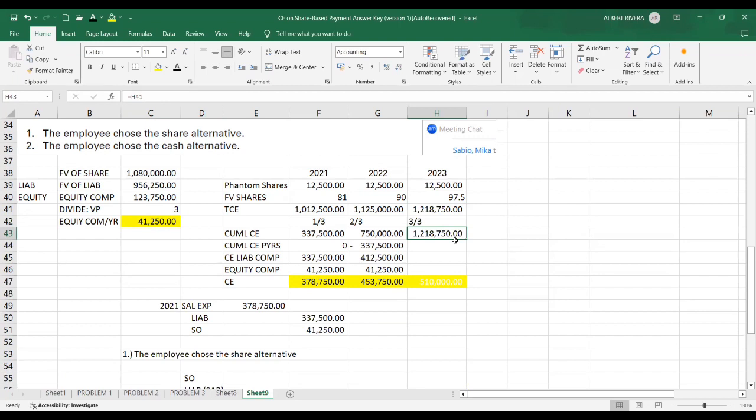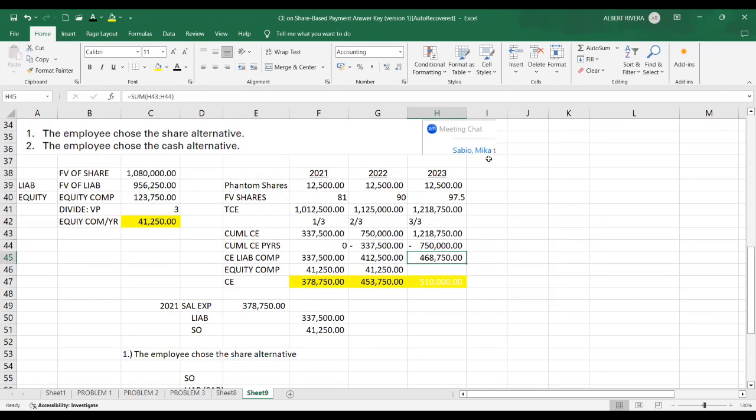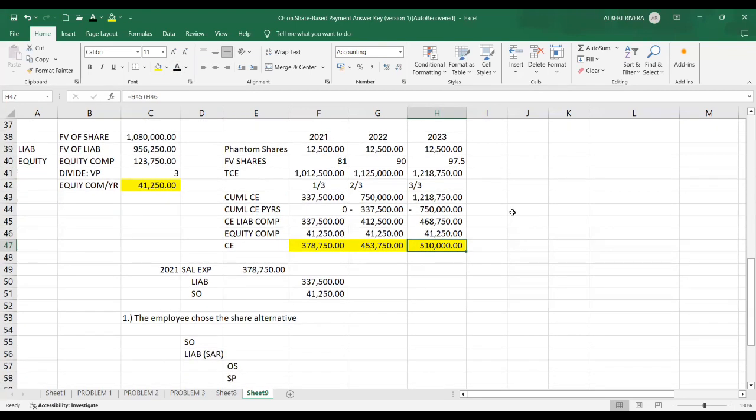Minus the cumulative amount of the salaries expense in the prior years of 750,000, and this is the compensation expense related to the liability, or the liability component. And the equity component is still 41,250. And this is now your compensation expense equivalent to 510,000. So that is for 2023.